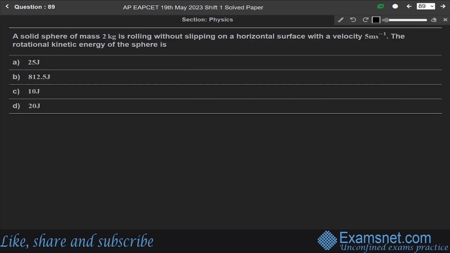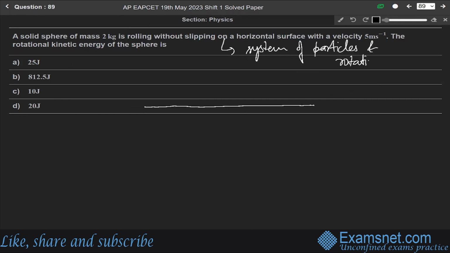Now next question 89. A solid sphere of mass 2 kg is rolling without slipping on a horizontal surface with a velocity of 5 meter per second. The rotational kinetic energy of the sphere is. So first of all, this question is from the chapter of system of particles and rotational motion. Now, the question is saying that there is a solid sphere and its mass is 2 kg.